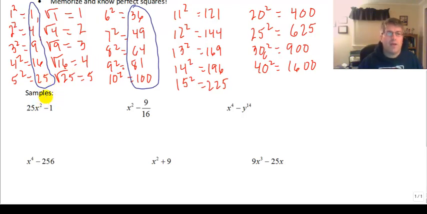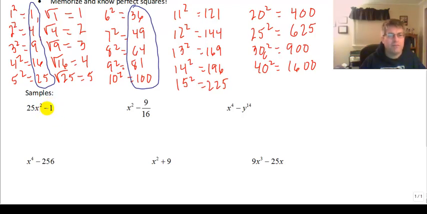Now we'll move on to our samples. So using our pattern that a squared minus b squared factors to a plus b times a minus b, let's factor the binomial 25x squared minus 1. We've got a perfect square in 25x squared. We can easily take the square root of that. Difference, it's a minus sign, and 1 is a perfect square.